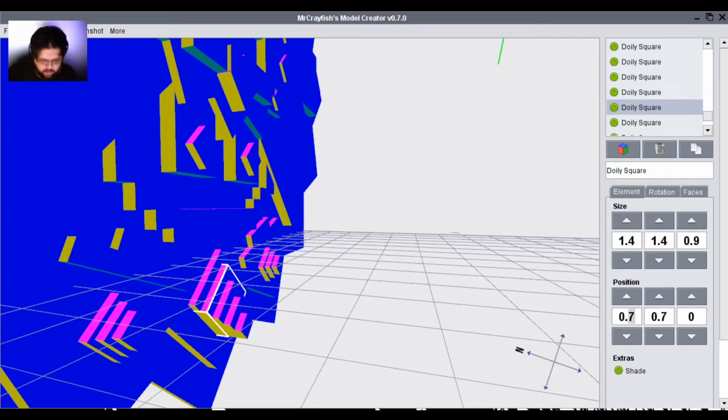So what would that be? 0.8? 0.8? Is this 0.9 or 1? 0.9 seems to work. This one's 1. And then 1.1, 1.1.